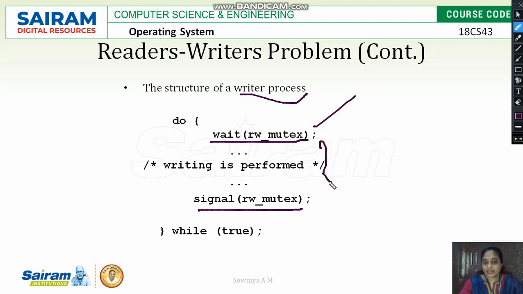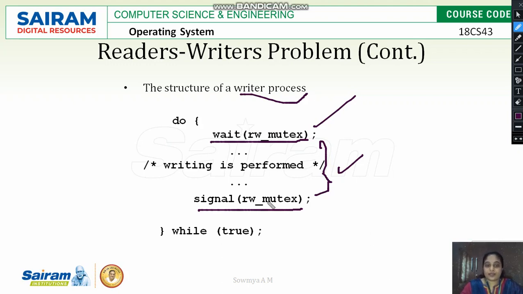Meanwhile, the write function will update the file. Once it is done, the signal is given to the read write mutex so that the other processes know the updation from this process is done and the next process is allowed to update.